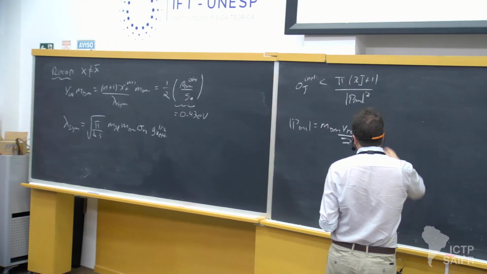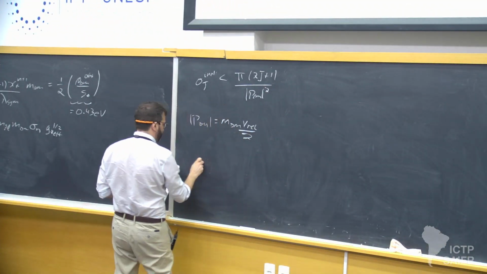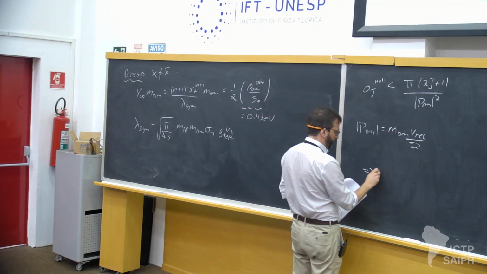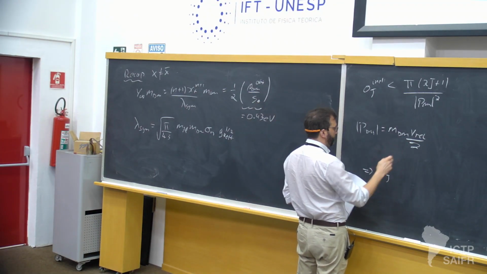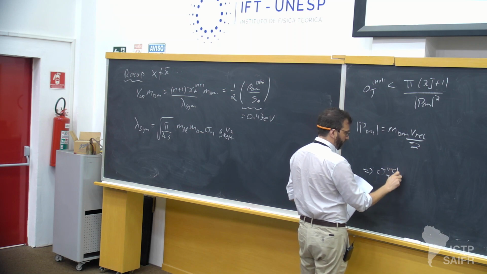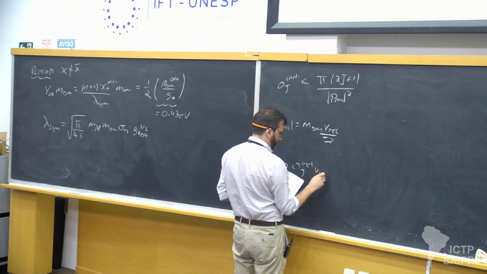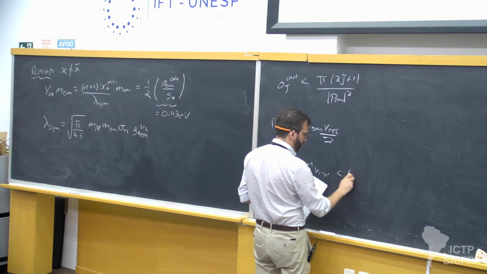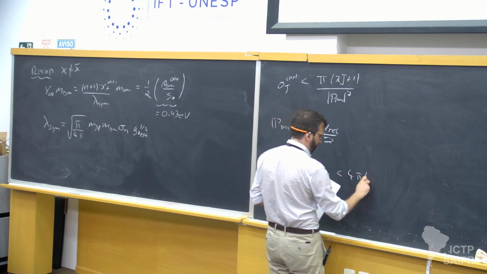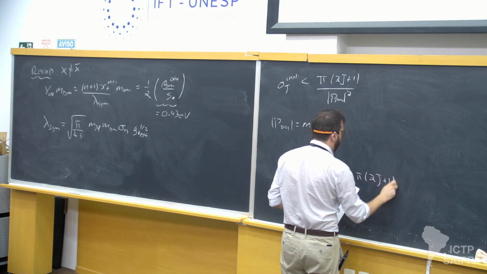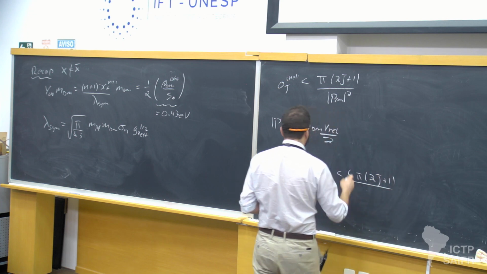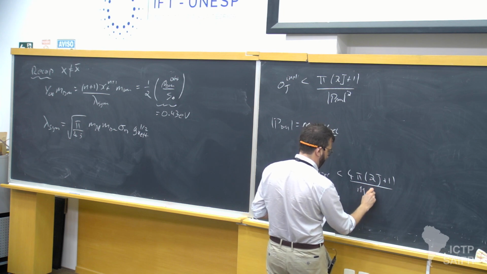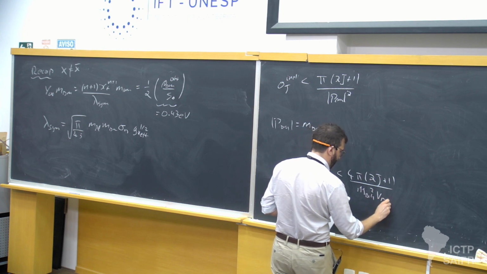So then substitute this in, and then you just find that for our non-relativistic freeze-out, we'll have a limit that each partial wave is limited to be smaller than 4 pi (2J plus 1) on M dark matter squared V rel, okay?